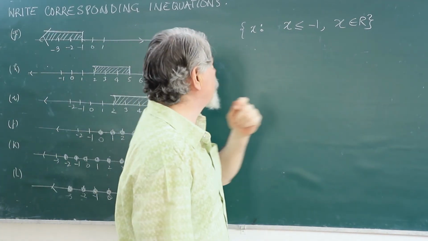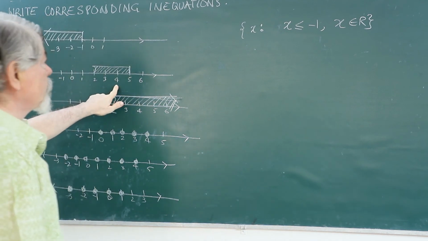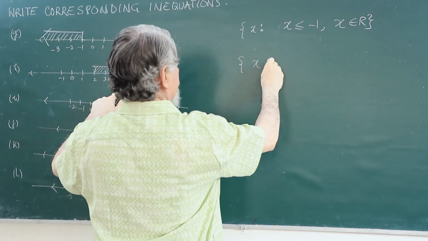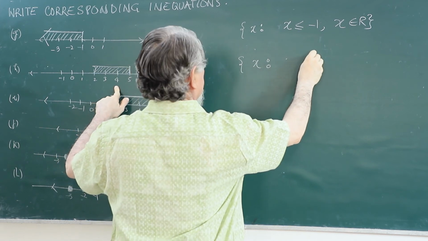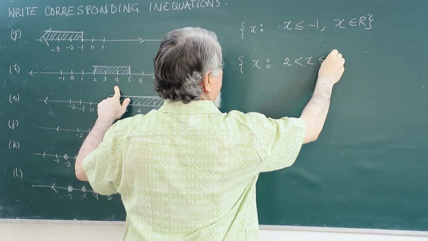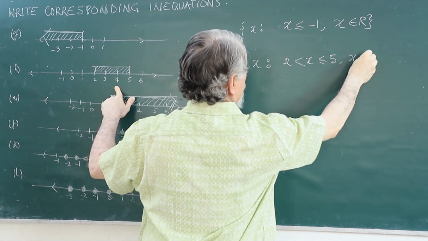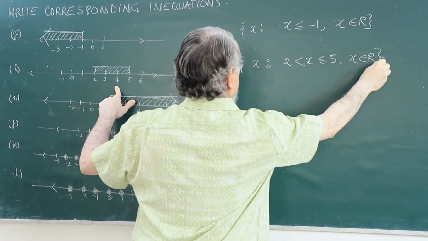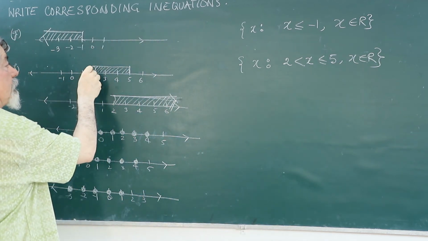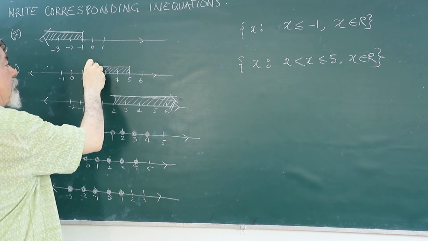This is also a set of real numbers. X such that x is greater than 2 and less than equal to 5. X belongs to the set of real numbers. X is greater than 2 because this kind of sign is there, this curve is there.